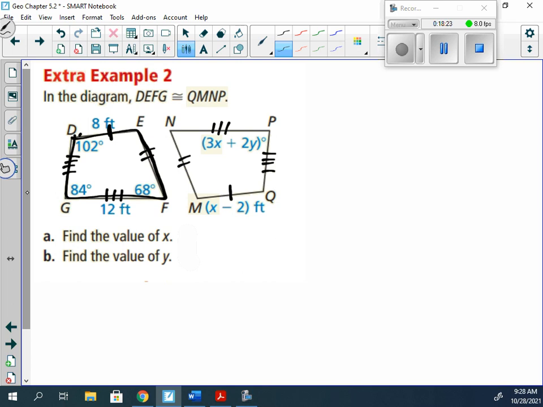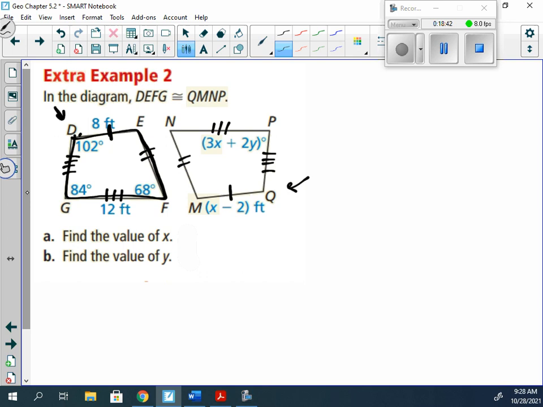The angle that's between 1 and 4 would be angle D, yes? On the other figure, which angle is between the line that has 1 mark and the line that has 4? Wait a minute, D and Q. They will line up still.